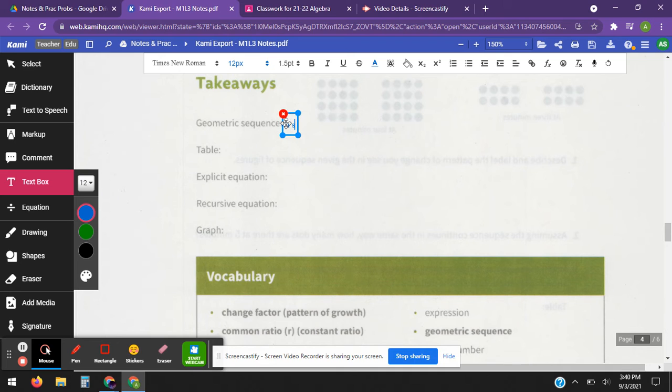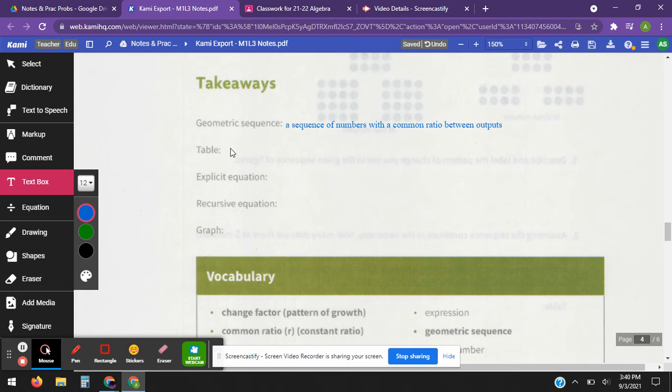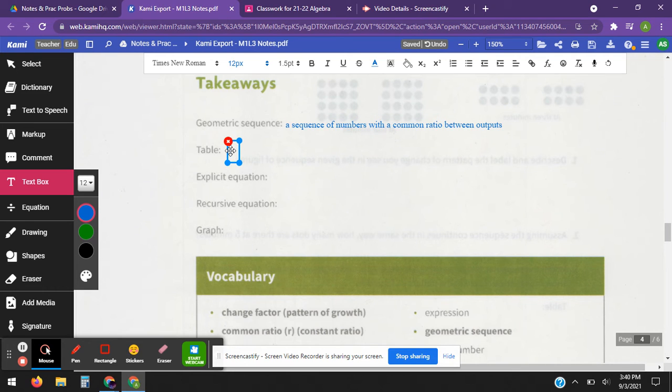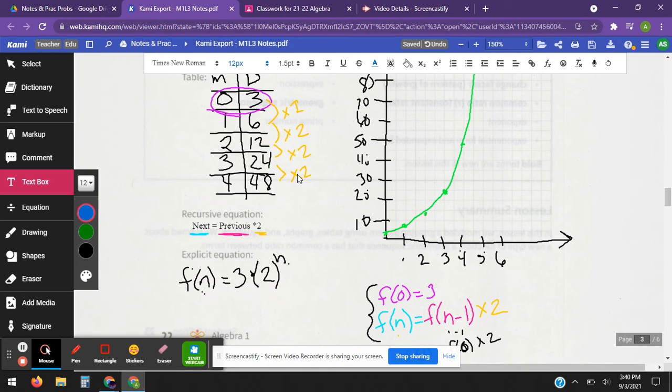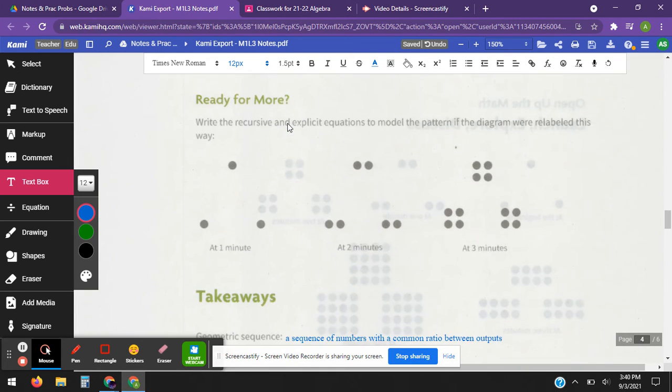It is a sequence of numbers with a common ratio this time between outputs. So that table, when we make the table, it shows us that common ratio of 2. So if I scroll back up, see how this table showed me I had the common ratio of 2.